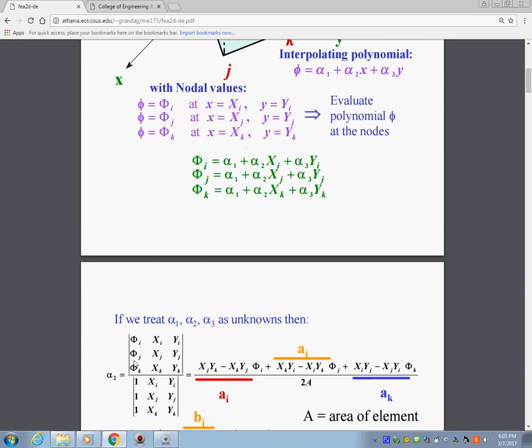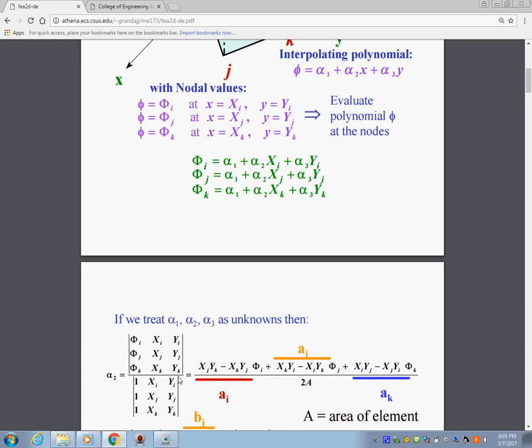We put in the numerator a determinant composed of the constant values, which are phi sub I, phi sub j, and phi sub k, and this will be x sub I, x sub j, and x sub k, and then y sub I, y sub j, and y sub k over here.